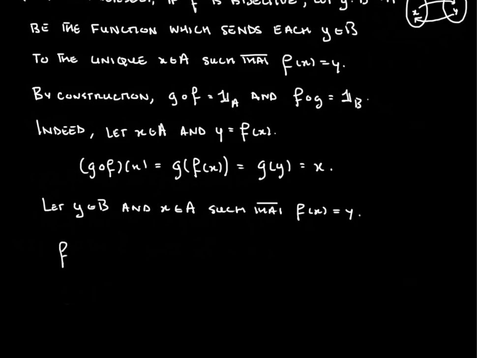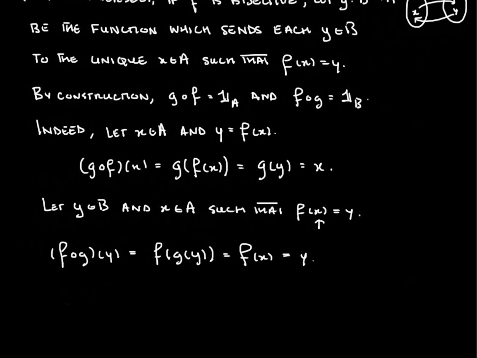Now, when we take f circle g of y, it's equal to f of g of y. And again, the definition of g says that we're sending y to the unique x such that f of x is equal to y. So it sends it back to this element x. So we have f of x, and f of x is equal to y. So this is equal to y.